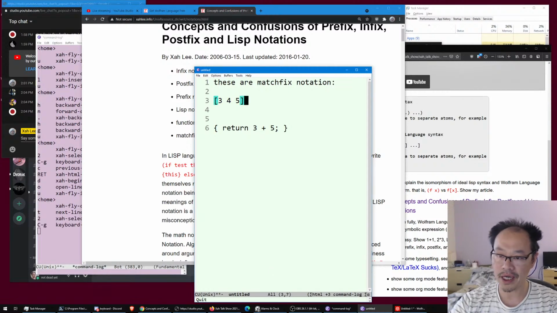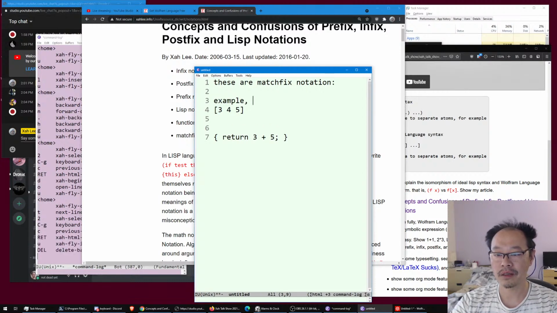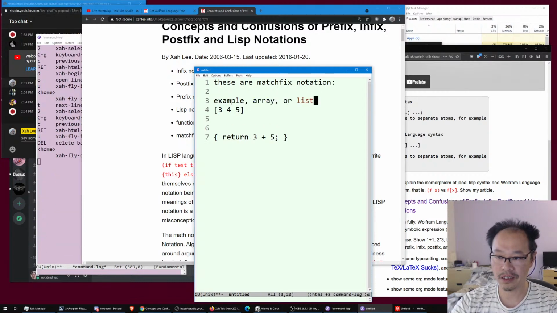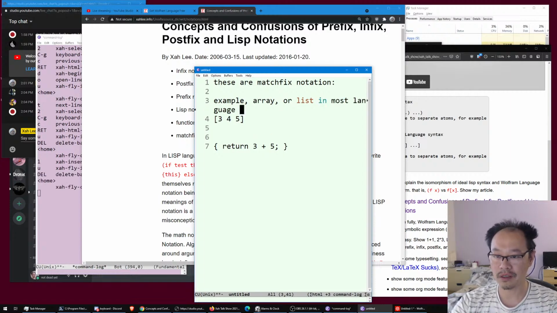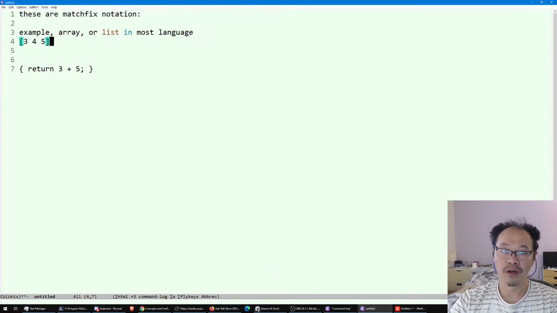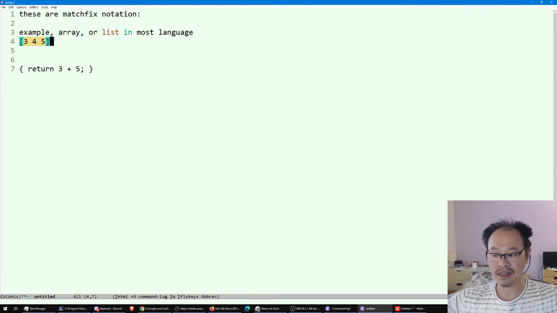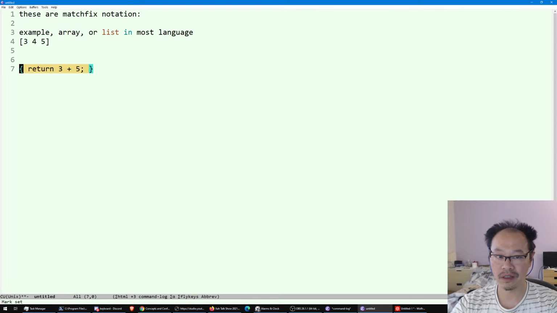So when you have an array or list in most languages, you just bracket them, and what does that bracket mean? That's kind of the operator, the matched operator. So that means array. And for the code block, or sometimes scope block, it's a similar matchfix notation.